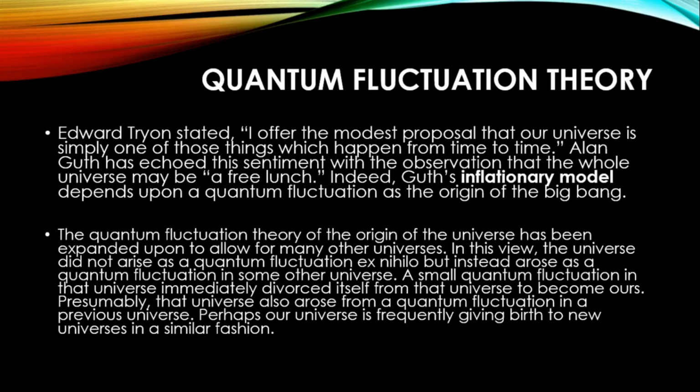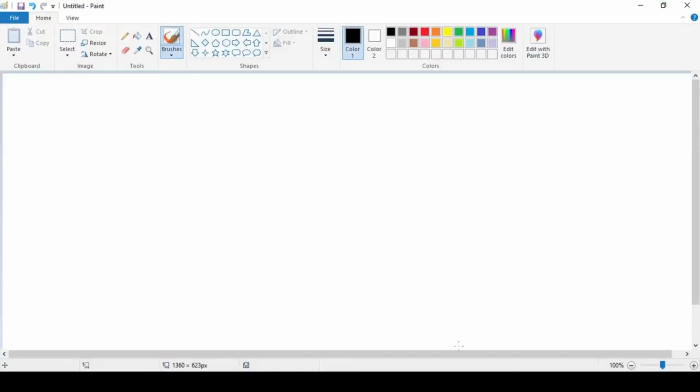A small quantum fluctuation in that universe immediately divorces itself from that universe to become ours. Presumably, that universe also arose from a quantum fluctuation in a previous universe. Perhaps our universe is frequently giving birth to new universes in similar fashion. So if we are to demonstrate that concept, it will be like this.